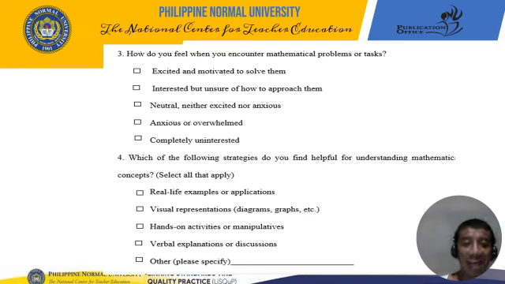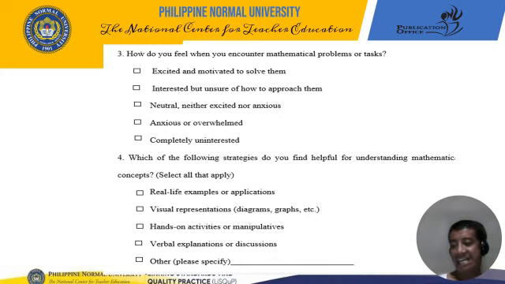Excited and motivated to solve them? Interested but unsure how to approach them? Neutral, neither excited nor anxious. Anxious or overwhelmed.